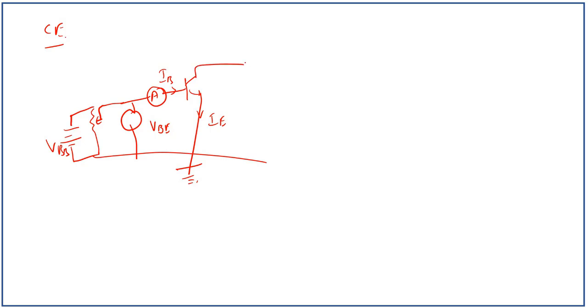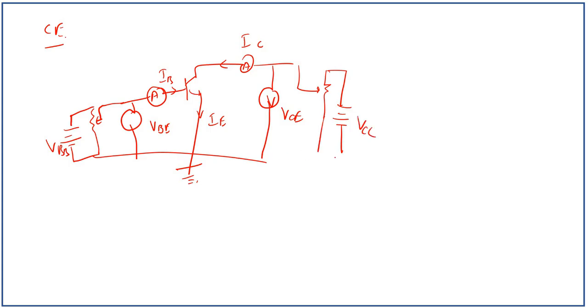On the output side we have the ammeter which measures IC, which goes inside the transistor. This voltmeter measures VCE and the supply voltage here, which is VCC.